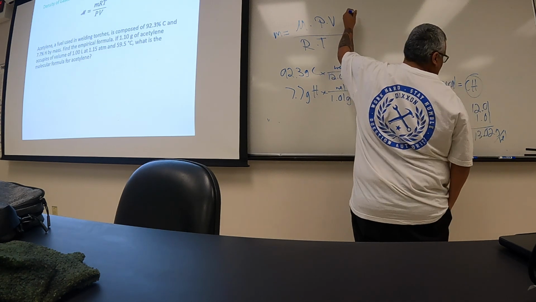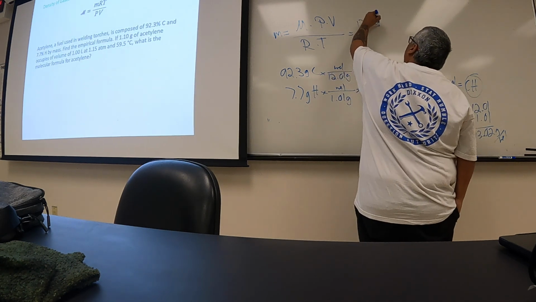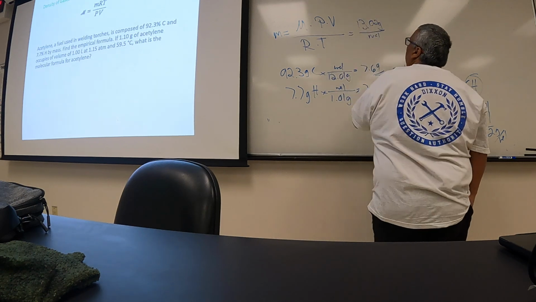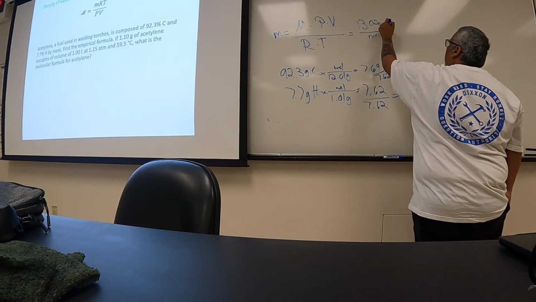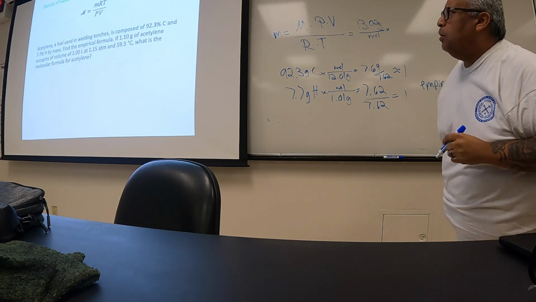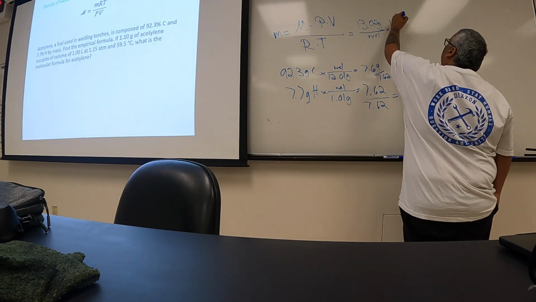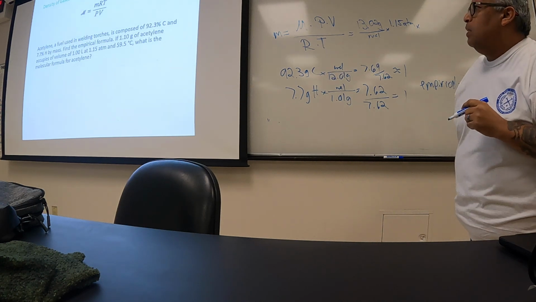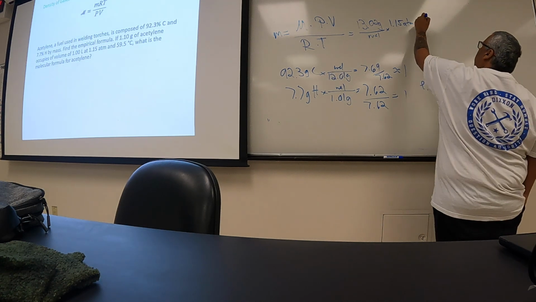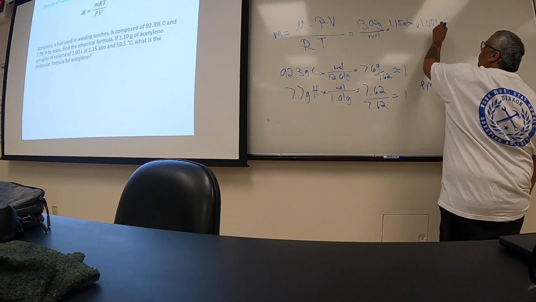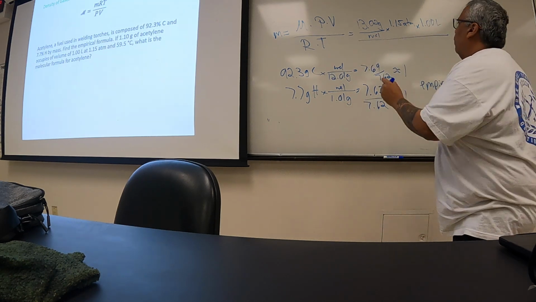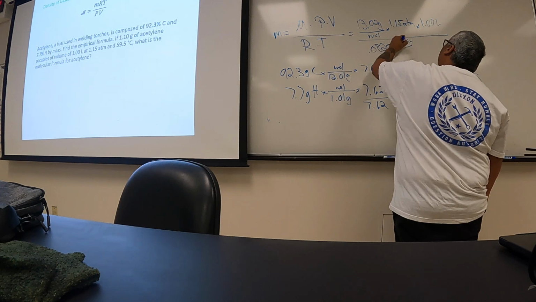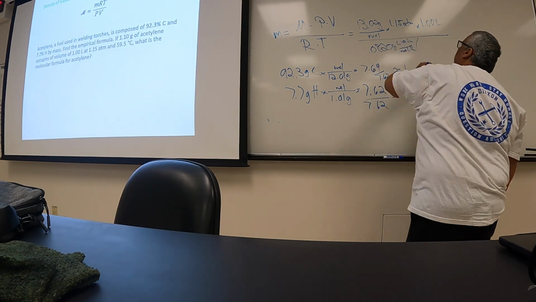We multiply that by some pressure of 1.15 atmospheres, and we need some volume of 1 liter, over our gas constant, 0.08206 liter atmospheres per mole Kelvin.